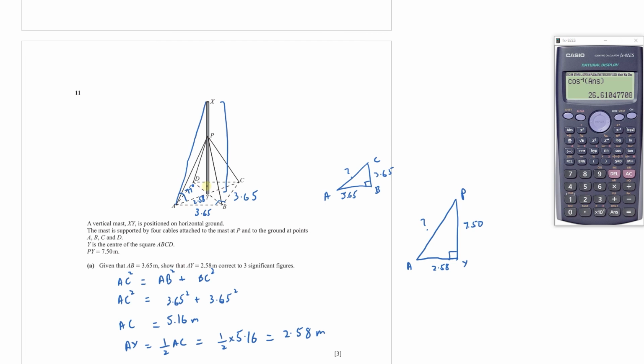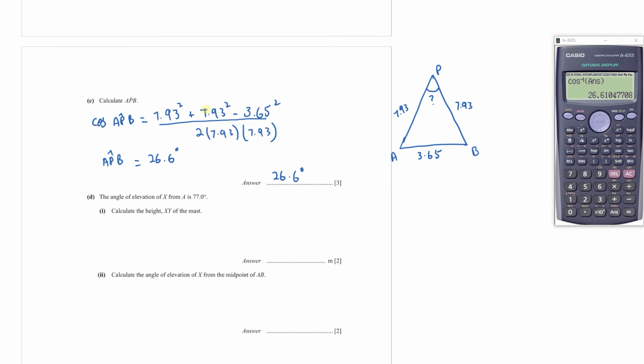So this is also a right angle triangle. The mast is vertical, so it will make a 90-degree angle. So if I look at this triangle AYX, let me draw this triangle AYX here. So this is my mast XY, and I'm drawing it in 3D. So this mast is making an angle of 90 degrees with the ground.